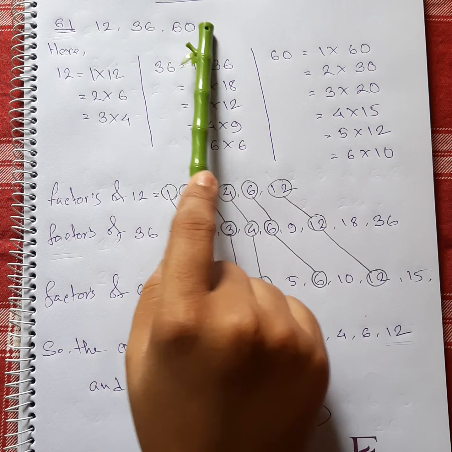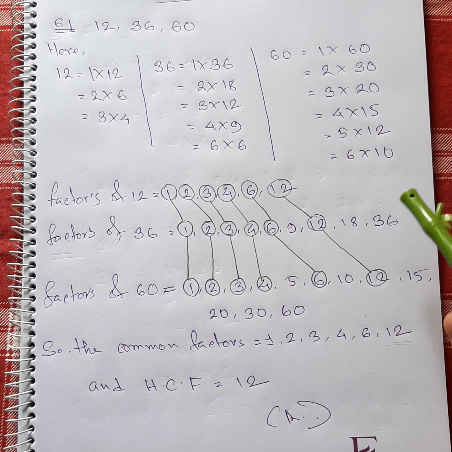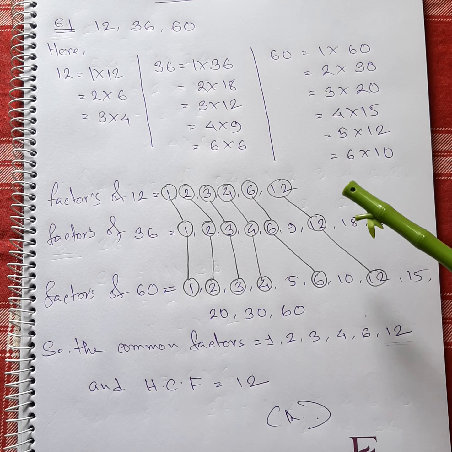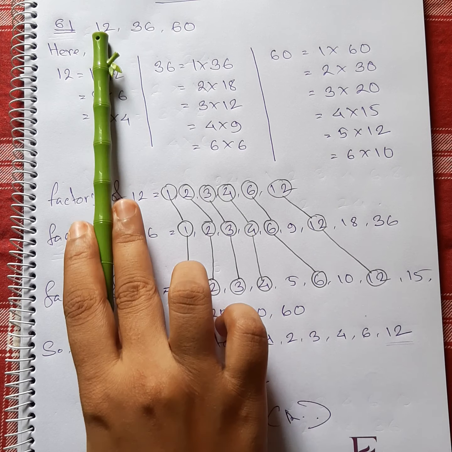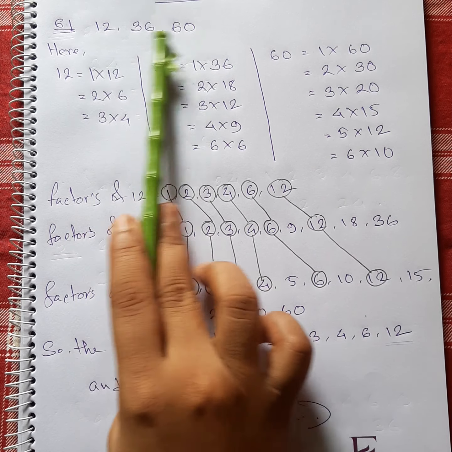The number of people among whom you are distributing the chocolates, candies and balloons will definitely be smaller than these numbers, or it can be the smallest number also. So whenever we find HCF, remember that the answer will definitely be smaller than or equal to the given numbers or question numbers. So we will go for HCF.